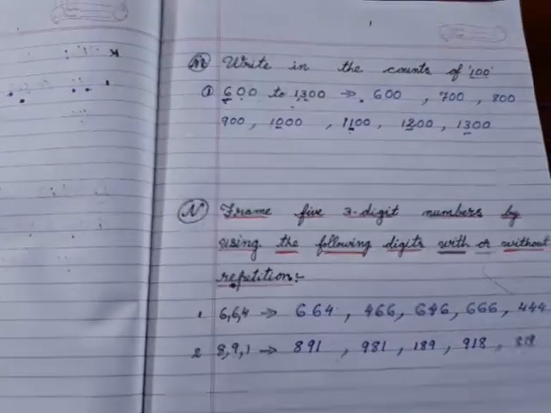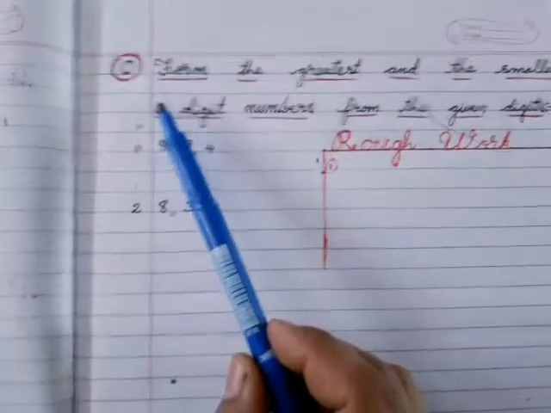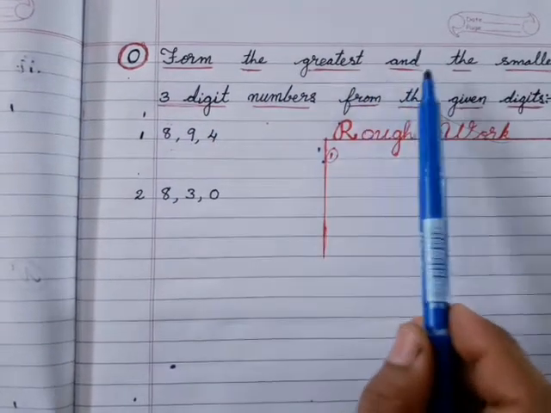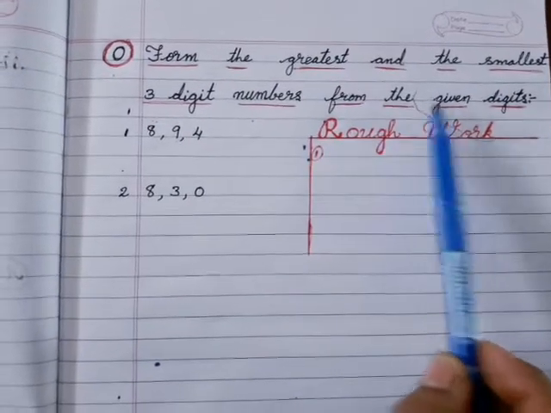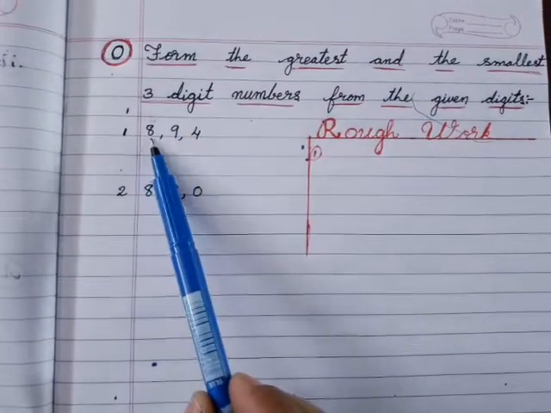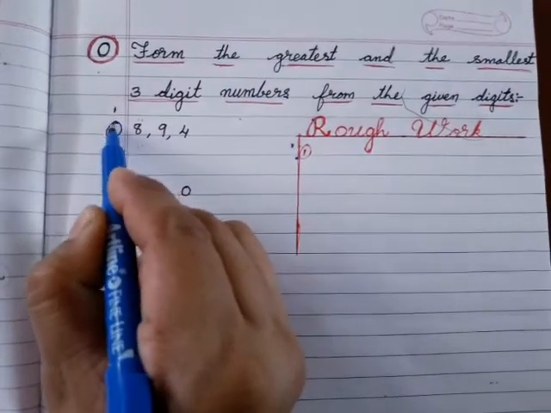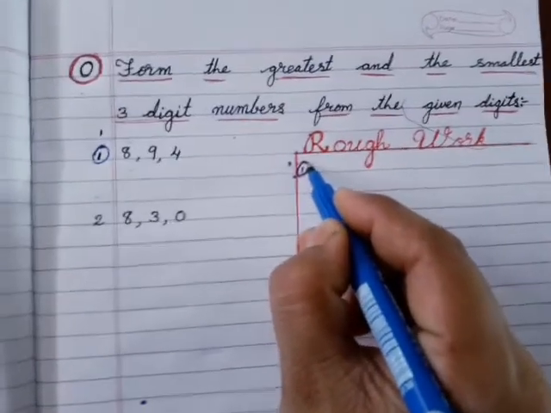Now let's see question number O. Form the greatest and the smallest 3-digit numbers from the given digits. Here you are getting question number 1, 8, 9 and 4. We have already found out how to make a number.